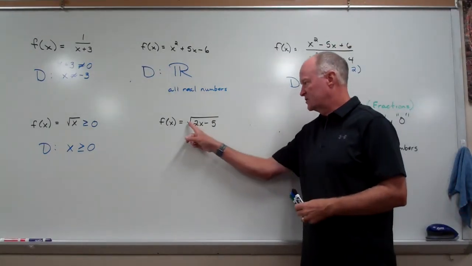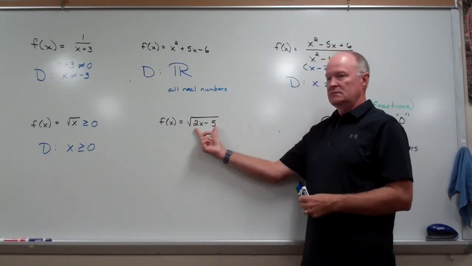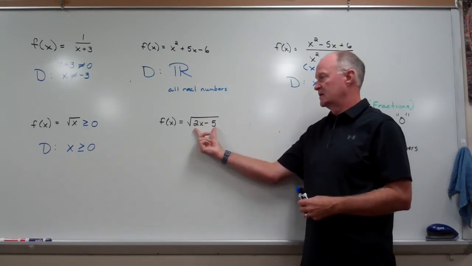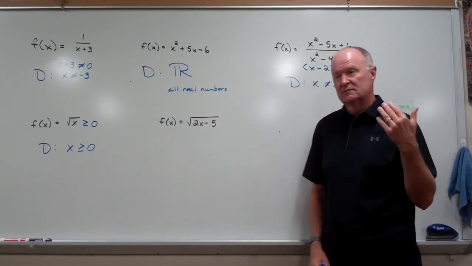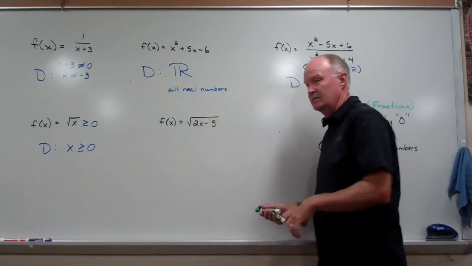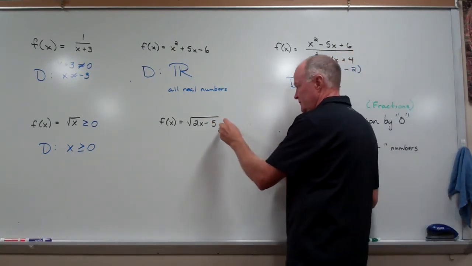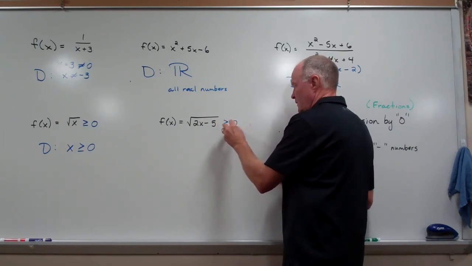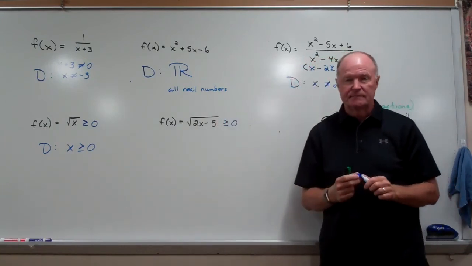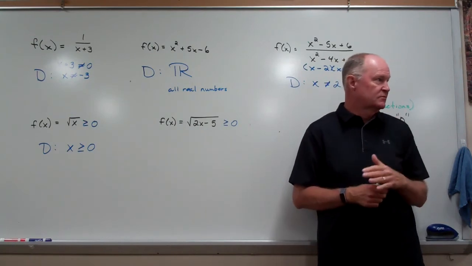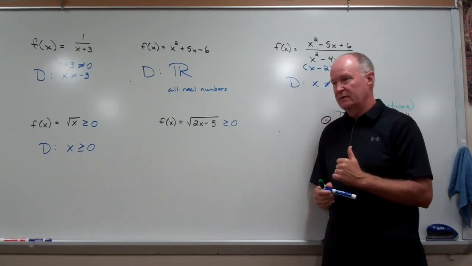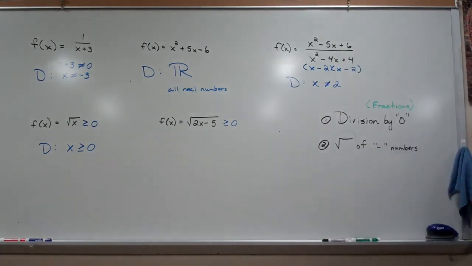It does get a little trickier on this one. 2x minus 5. That's inside the square root. Whatever is inside the square root has to be greater than or equal to 0. Okay.